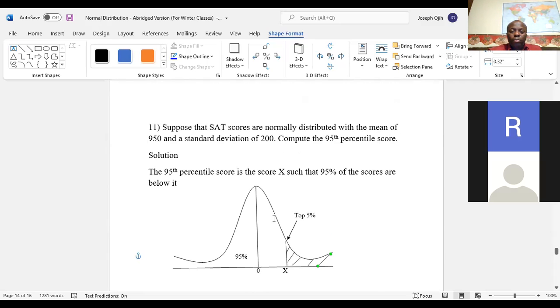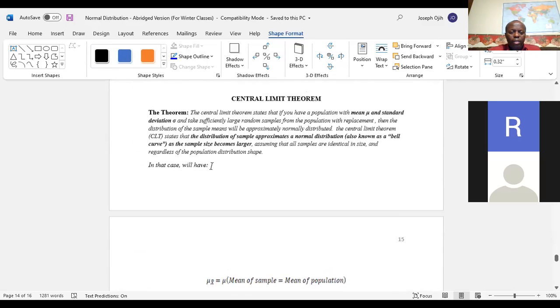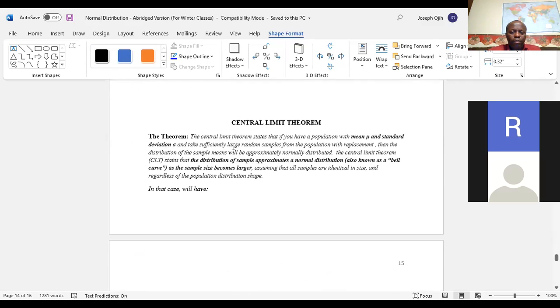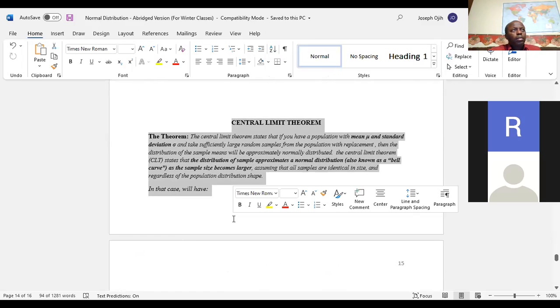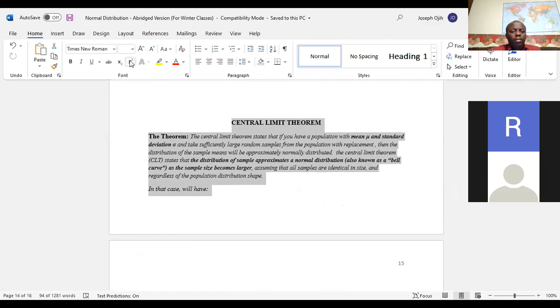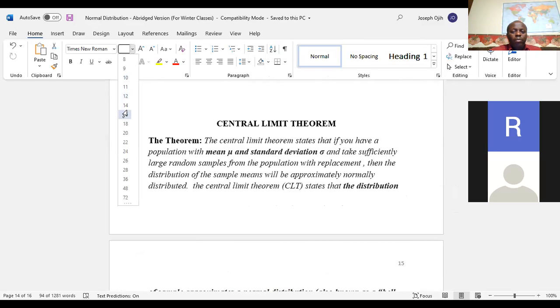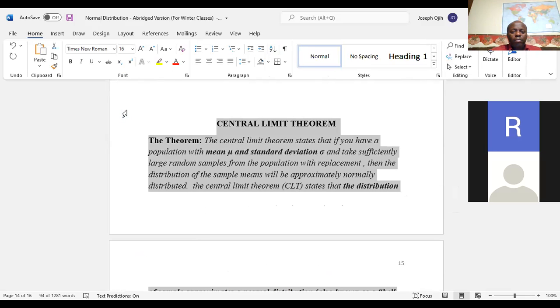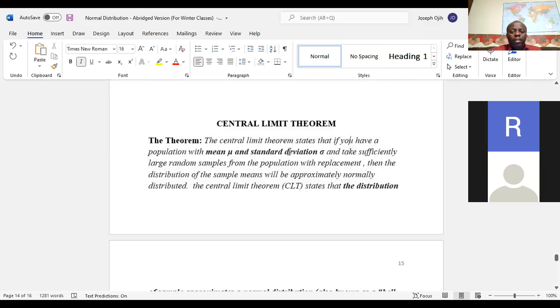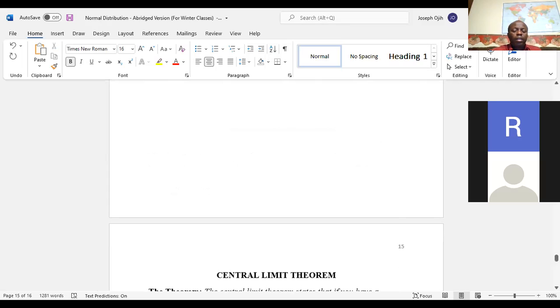So let us go to the central limit theorem and finish up. Basically, what this is saying is, okay, we have 10 minutes left. Let me move it down so we can have enough room.